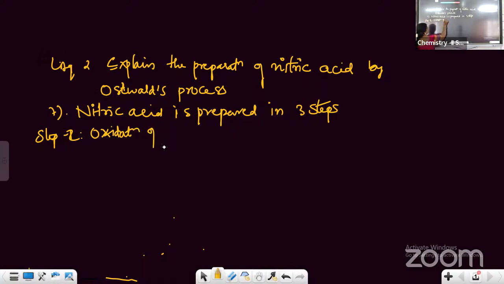Oxidation of ammonia to give nitric oxide. Okay, what is step 1? Step 1 is the oxidation of ammonia to give nitric oxide.